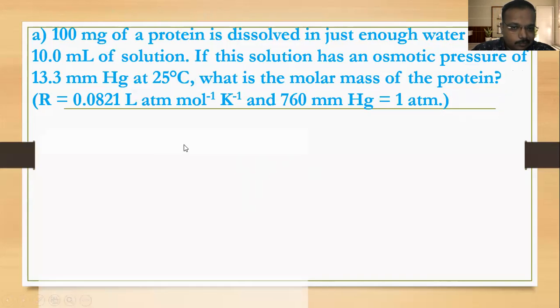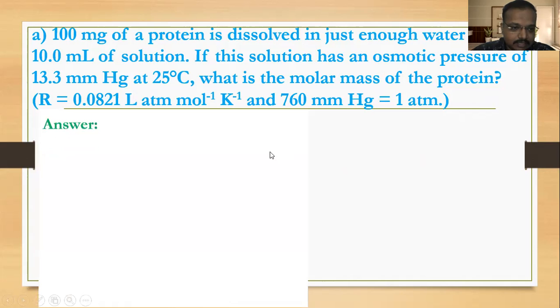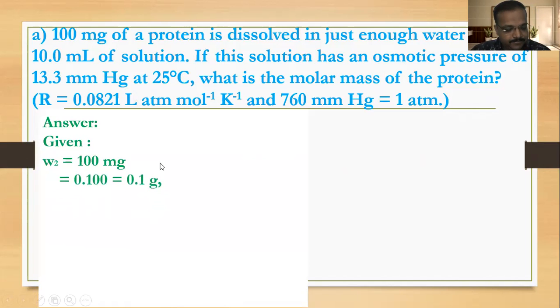Okay. Let's write down first of all what are the things given in it. We have W2. We can represent the weight of the solute as 100 mg. 100 mg is equal to how much? 0.1 gram, right?